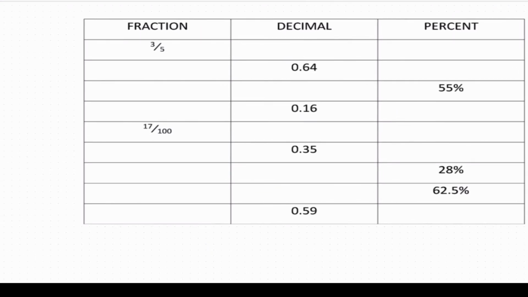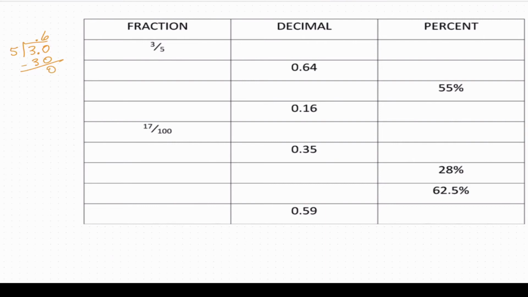Let's look at this one first. We have 3/5 and we want to change that to a decimal. I may give you guys a table like this that you would fill out, and you should be able to convert any of these numbers to the other two using those tips I gave you. So take 3 divided by 5. We're going to put our decimal at the end here. It can't go into 3, so we have to add a 0. Can 5 go into 30? Yes, 6 times.